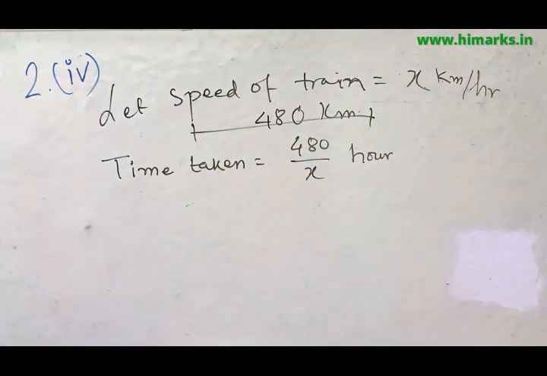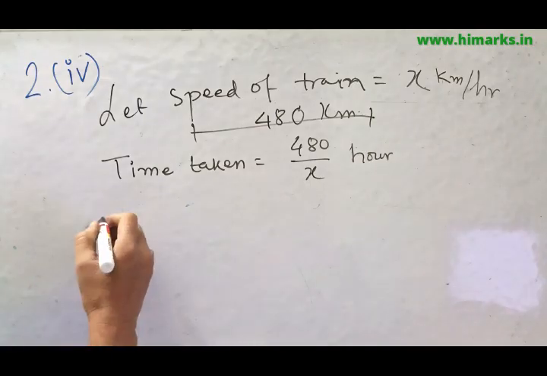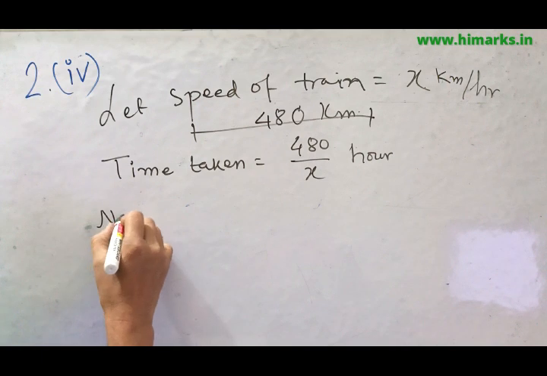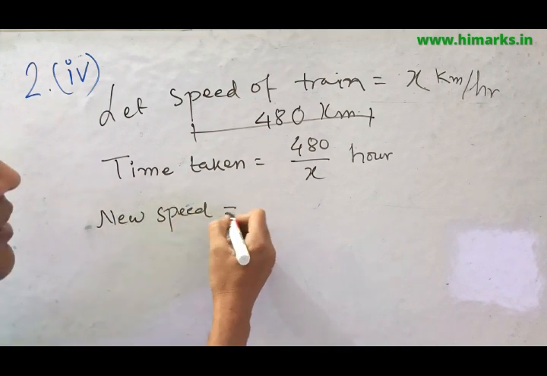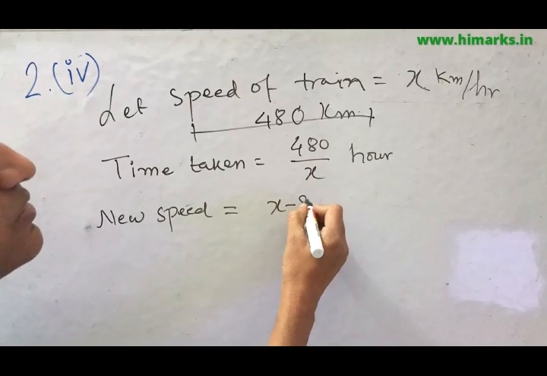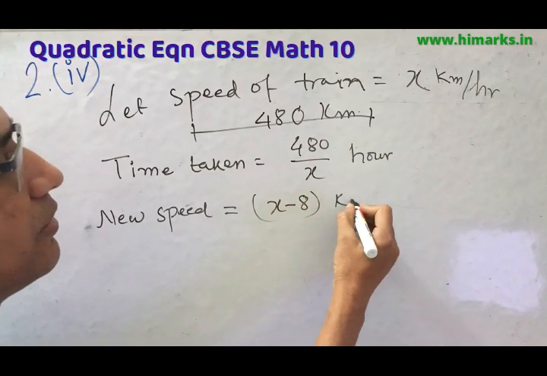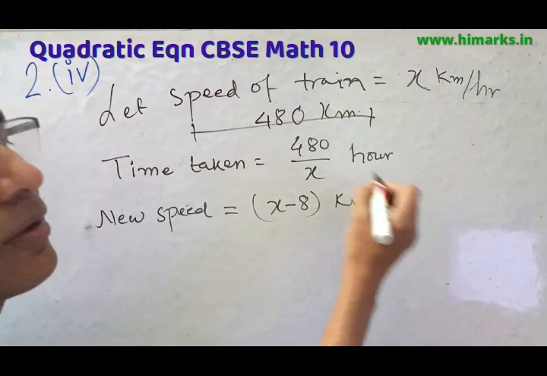Okay, now the second statement. If the speed had been 8 kilometer less, so okay, they are talking about a new speed, which is x minus 8 kilometer per hour.